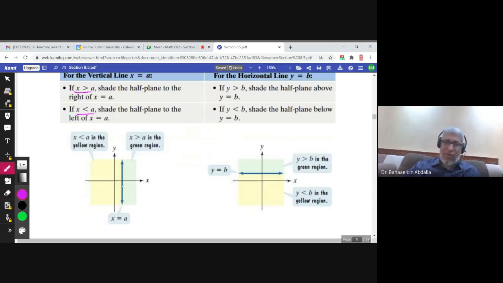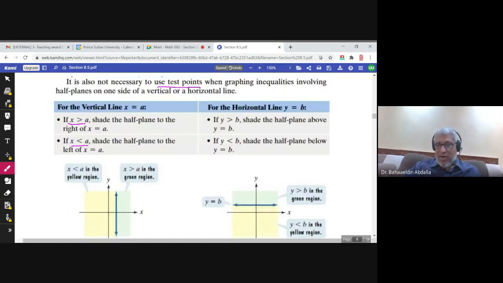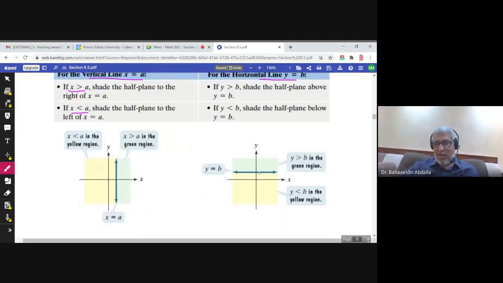Also, if you consider the inequality y greater than b, there is only one letter here. X is not here. There is only y. Because x equals a is a vertical line, and here you have only y. So if you change greater than to equal, you will have a horizontal line, y equals b.